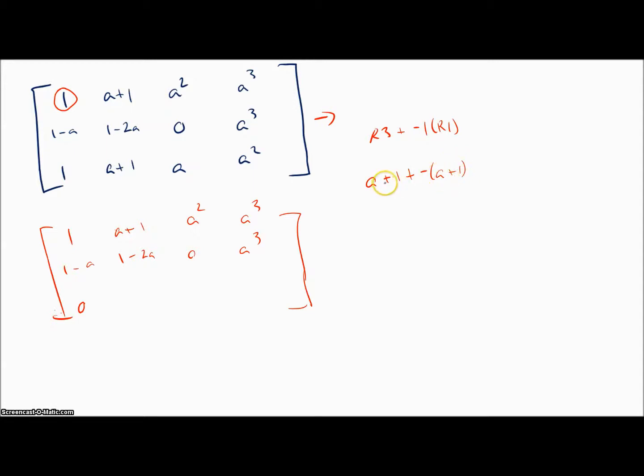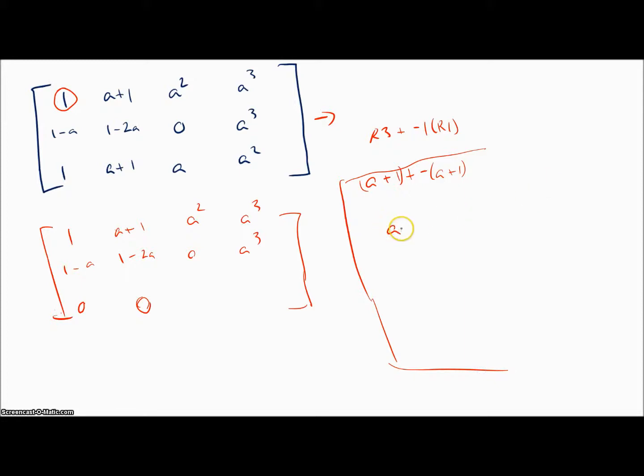Think about that. That's basically the opposite of whatever this number is, so that is 0. So 0 here. And this is just pretty much mess off to the side.